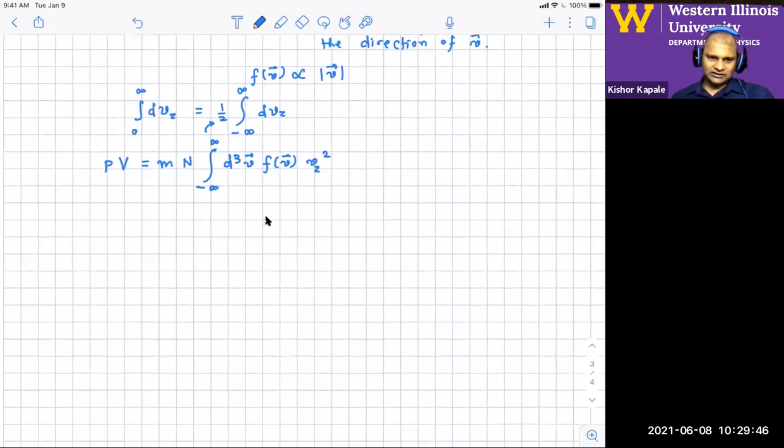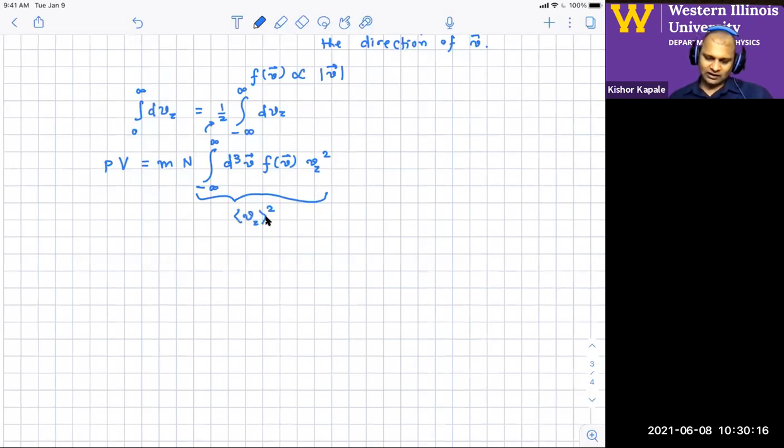We can write this down by looking at the nature of this. In statistics, when you multiply some quantity by a probability distribution and then do the integral over all values that the system can take, that is denoted as the average. So this is the average of v squared.